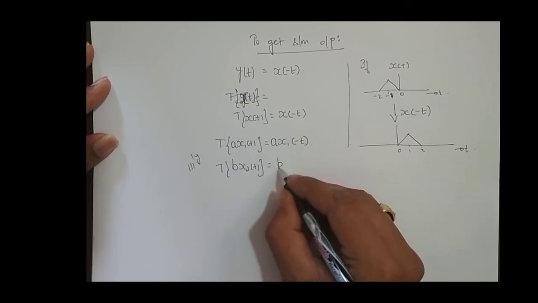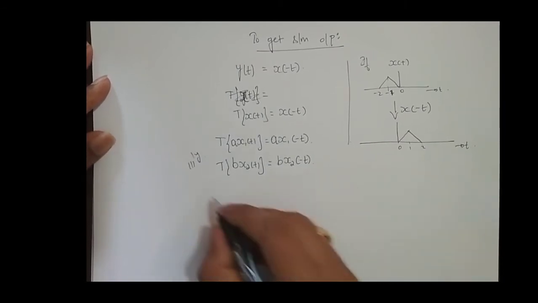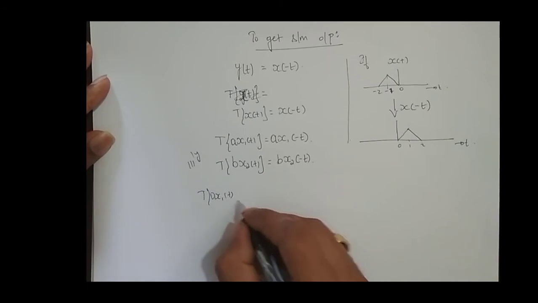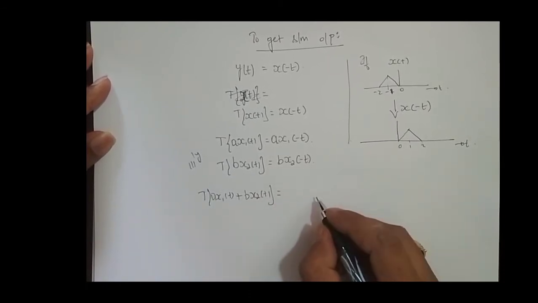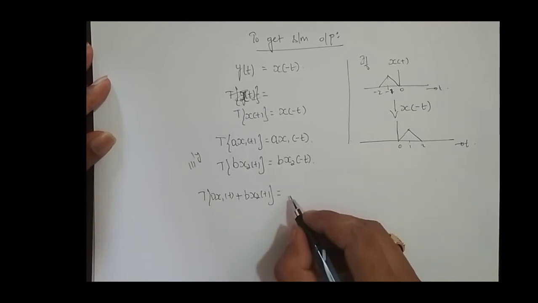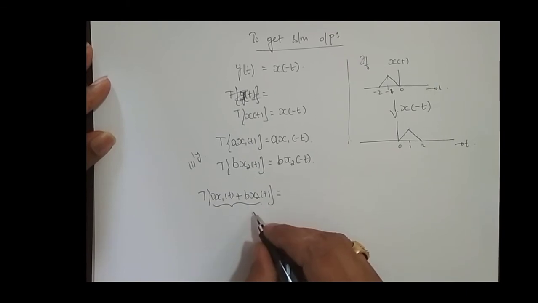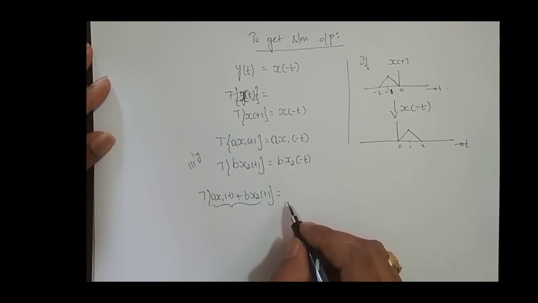The time reversed version of b times x2 of t, b times x2 of minus t. Okay, now if I combine these two, a times x1 of t plus b times x2 of t, what am I supposed to get? This is as a whole one signal. If I feed this signal to the system, what is the output I am getting? It should also be a time reversed version of the combined signal, right?